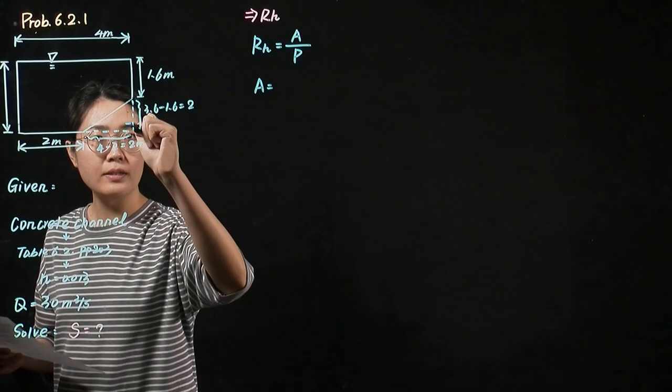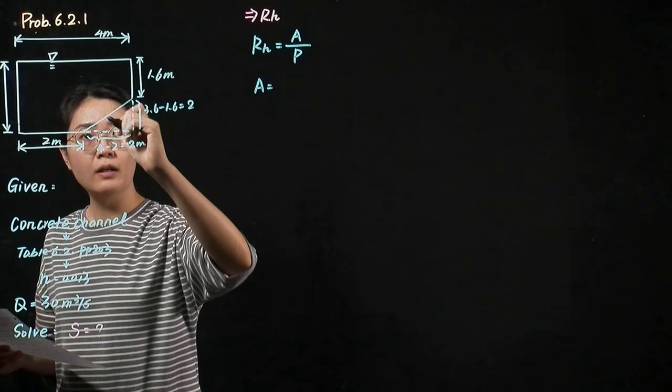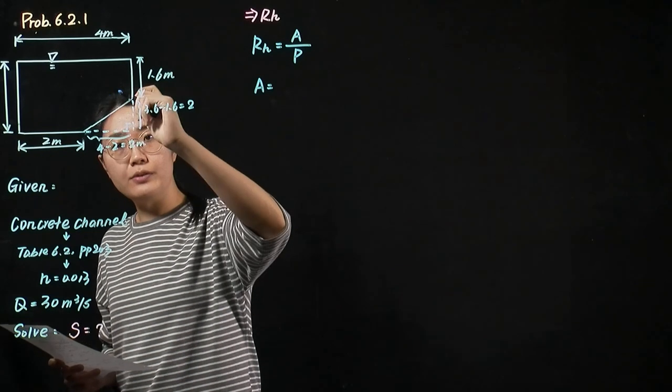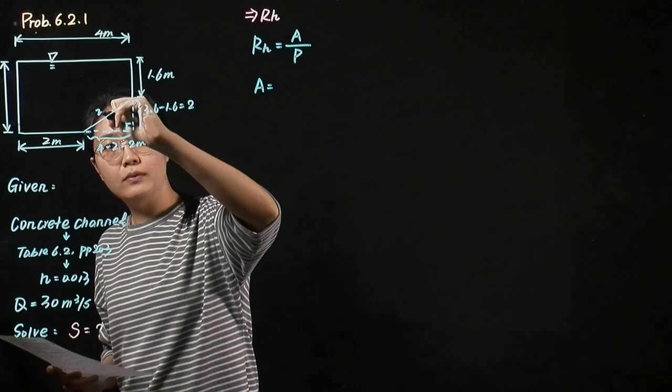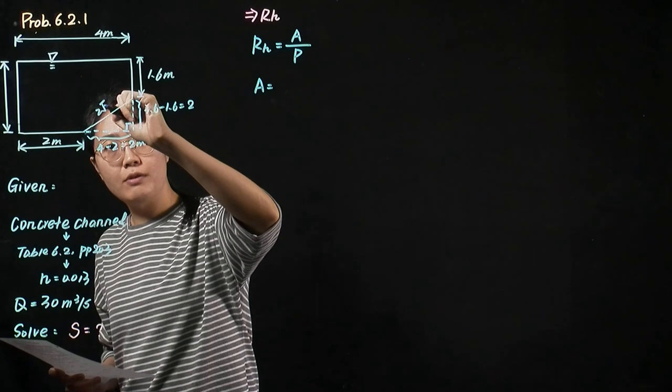Because it is a right angle here, the length of the hypotenuse equals 2 times the square root of 2.